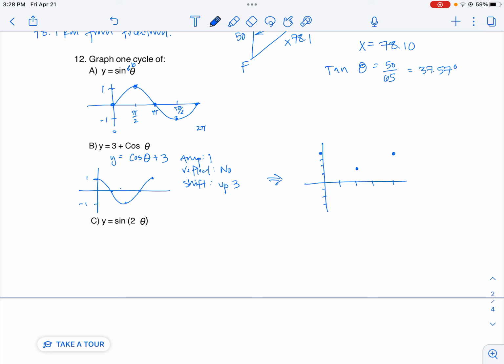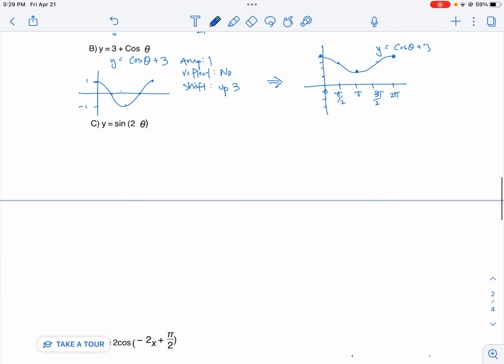And then somewhere in between, it's going to go through that center line at 1. Okay, here's the graph of y equals cosine theta plus 3. I need to put in these values of 0, pi, pi over 2, 3 pi over 2, and 2 pi.